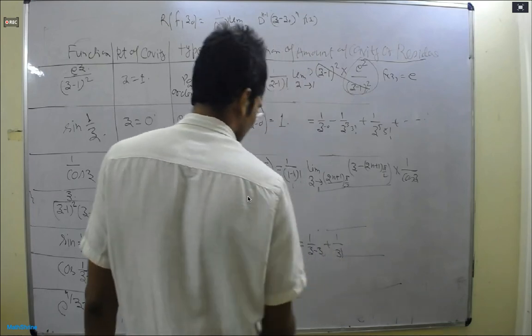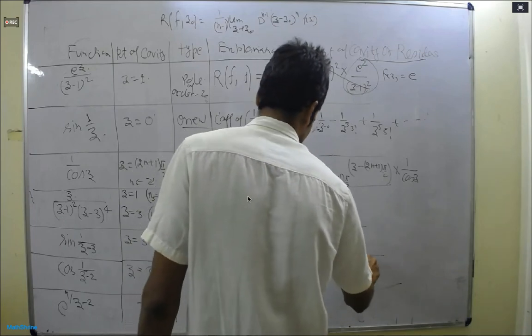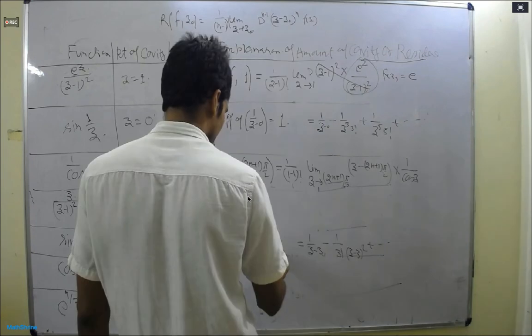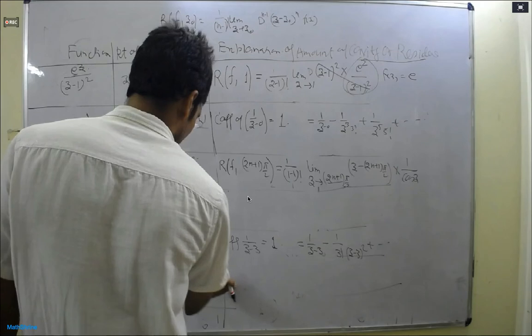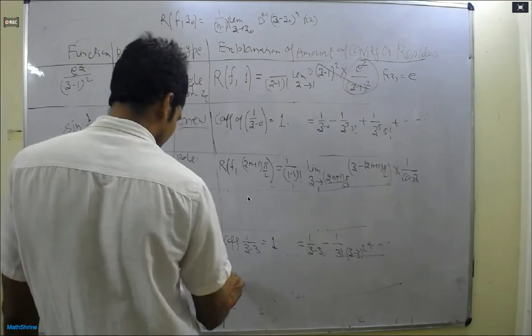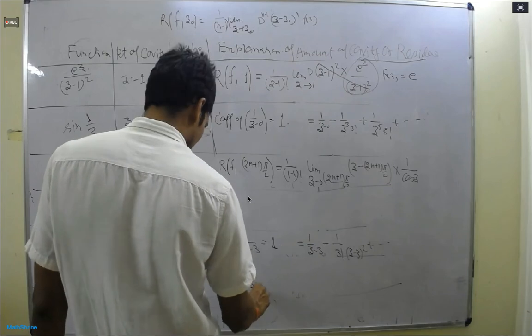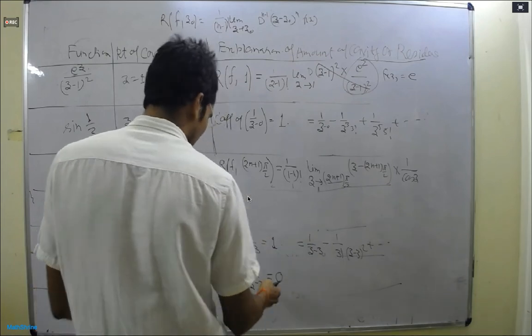So the coefficient here again is 1. Now it is your task to calculate and open the coefficient. Here there will not be any coefficient, so it is 0. Here the coefficient of 1 upon z minus 2 is 1.